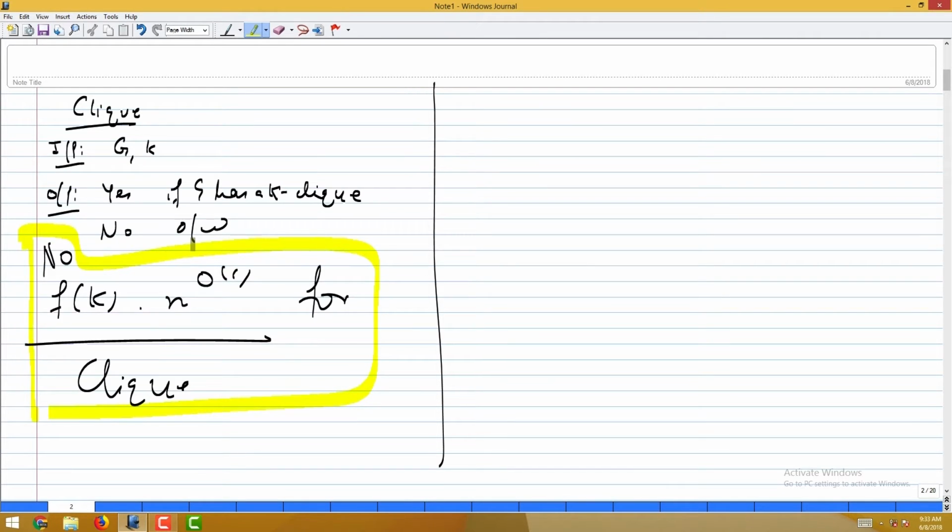So there we were trying to compare 2-power n with poly in n. Here the question is, how likely is it that if a problem has an algorithm that runs in n choose k time, so n choose k is roughly n power k, then it must have this kind of an algorithm?